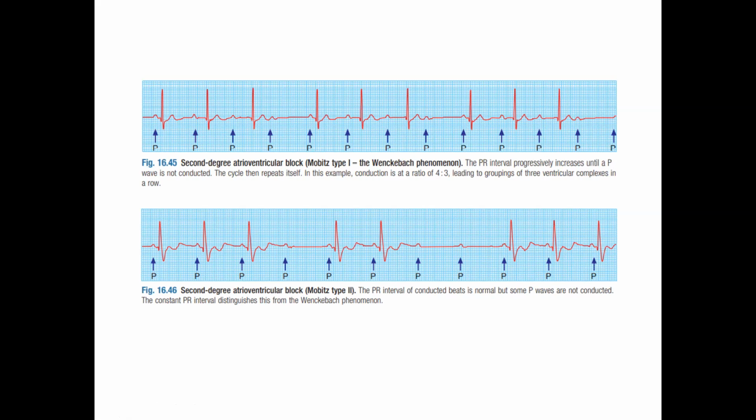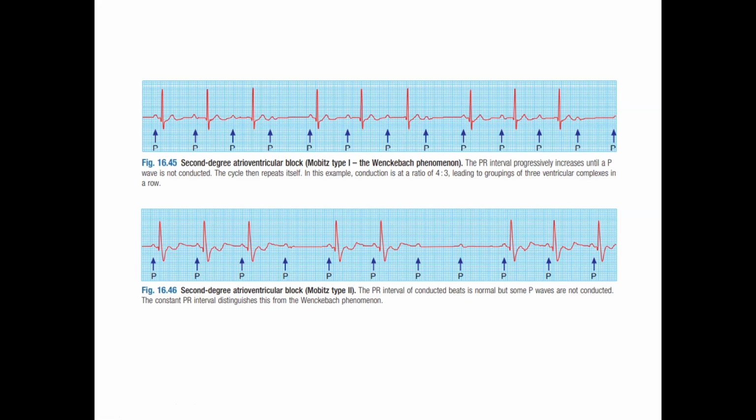In second degree atrioventricular block Mobitz type 2, the PR interval is normal, but some P waves are not conducted. Where there is conduction of P waves, it will be normal, but somewhere there will not be conduction of a P wave. That is known as Mobitz type 2.